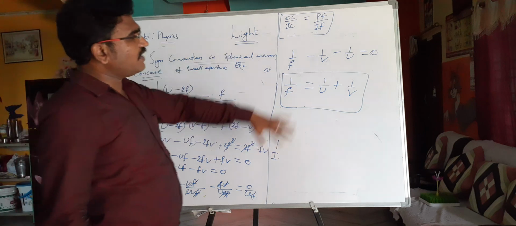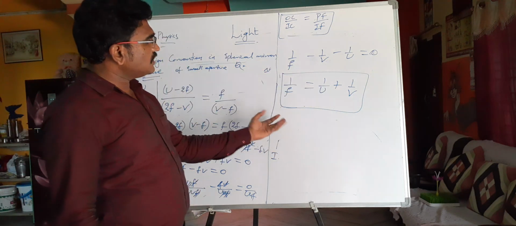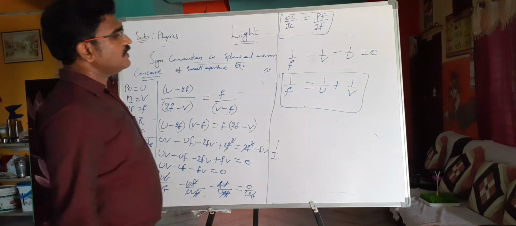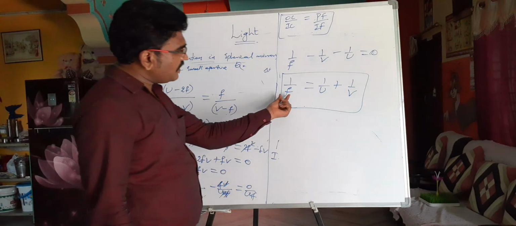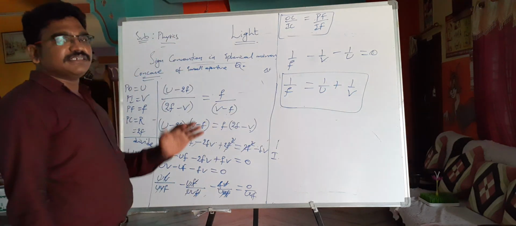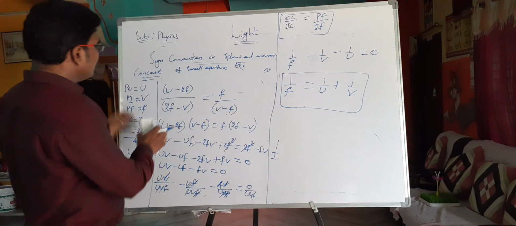So far we have used mathematics. Just by using mathematics, we calculated 1 by F is equal to 1 by U plus 1 by V. This is the relation between F, U and V. From this you can calculate the focal lengths or anything.